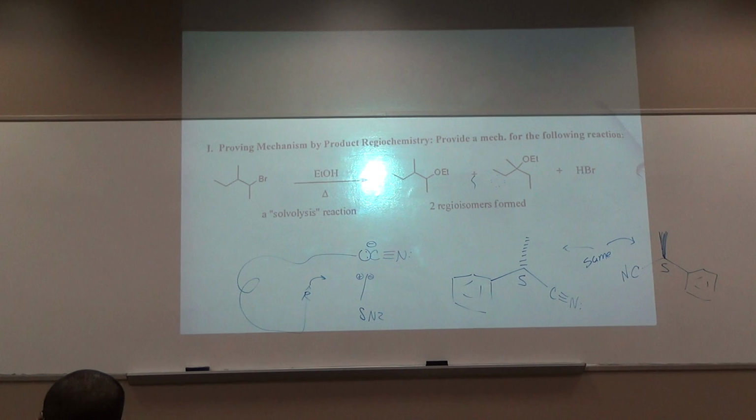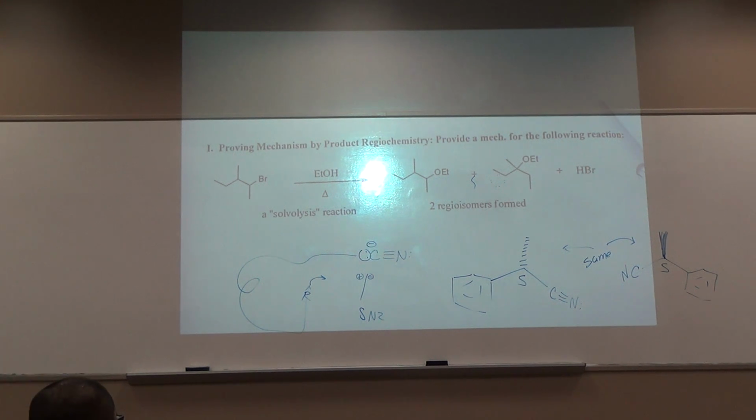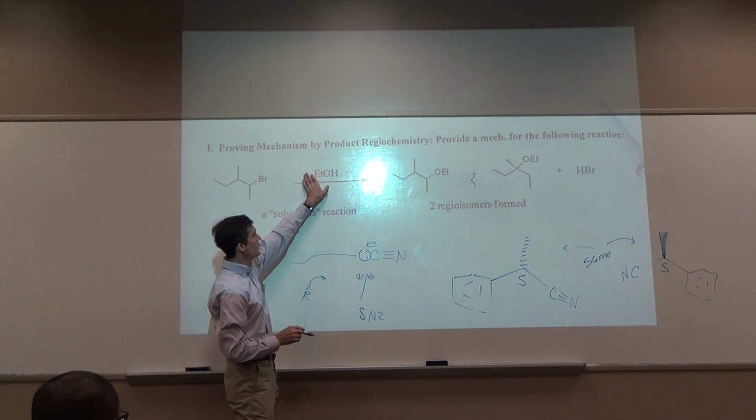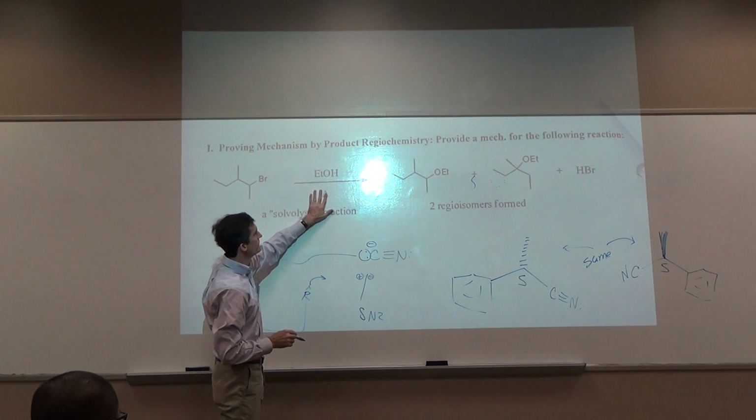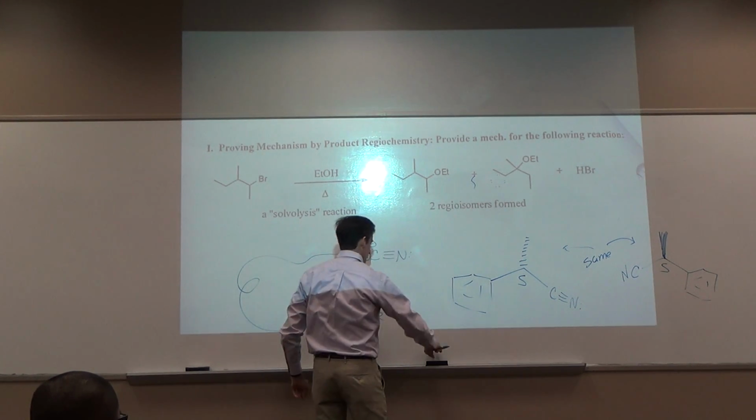There's 1,000,001 other examples, but we covered some basic standard atoms. Let's look at this reaction. You take this compound and heat it in ethanol, you get these two products plus HBr.